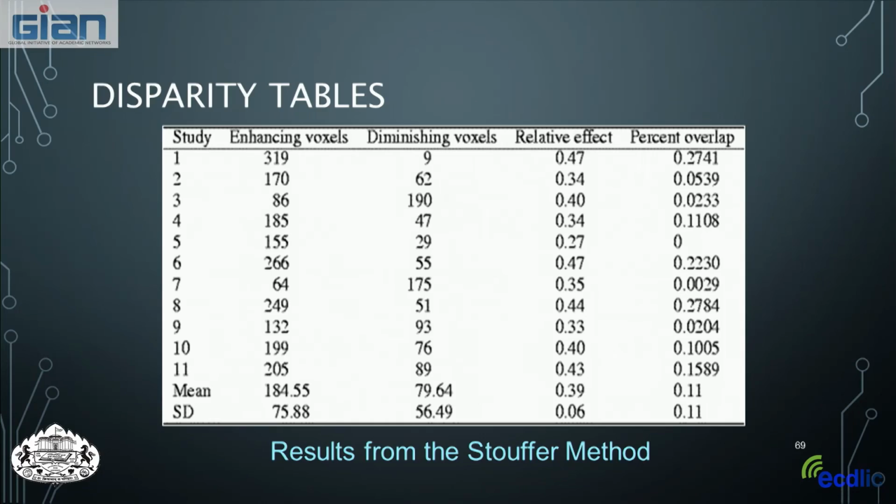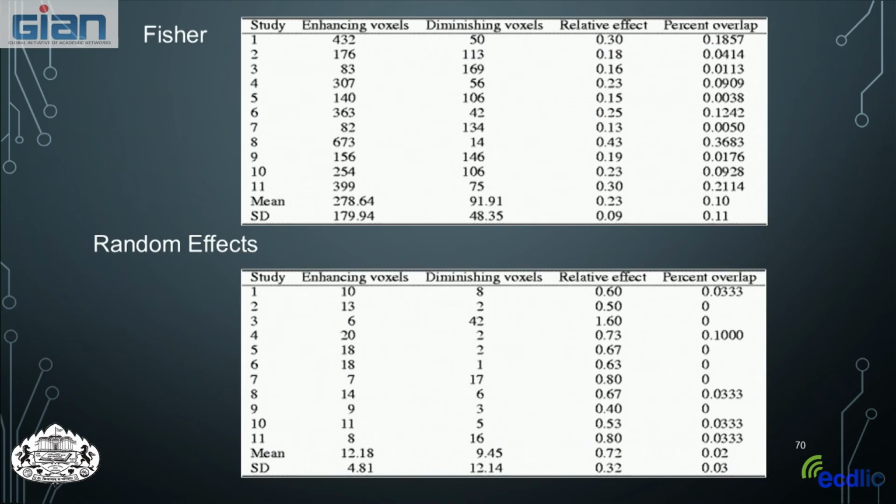You can see here there's quite a variation between the different subjects. And this is for using the Stouffer method of group maps. We also did this using the Fisher method and the random effects method, just to see how sensitive each technique was to the effect of a single subject.